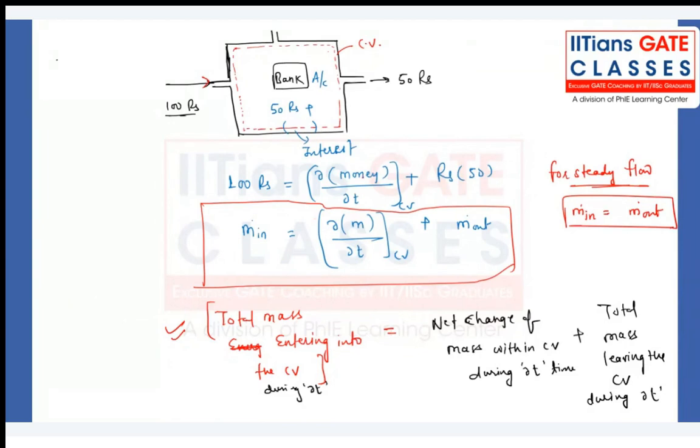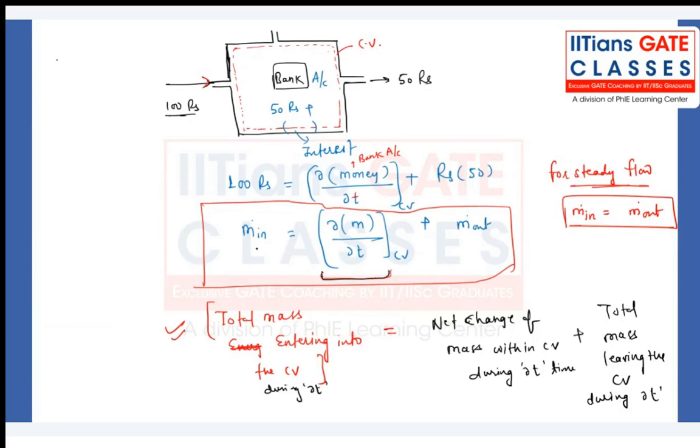Whatever money is there in your bank account is changing with respect to time. That means the money which is left out plus some interest together gives the value of this particular term. So don't think that it is giving you only the interest. It is giving you interest plus the amount left after withdrawing a certain amount. Otherwise you will not be able to understand why this extra term is coming.